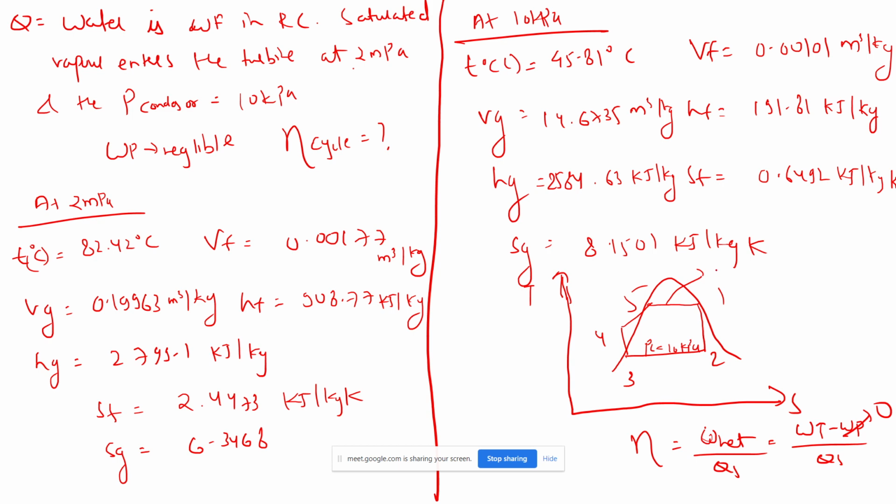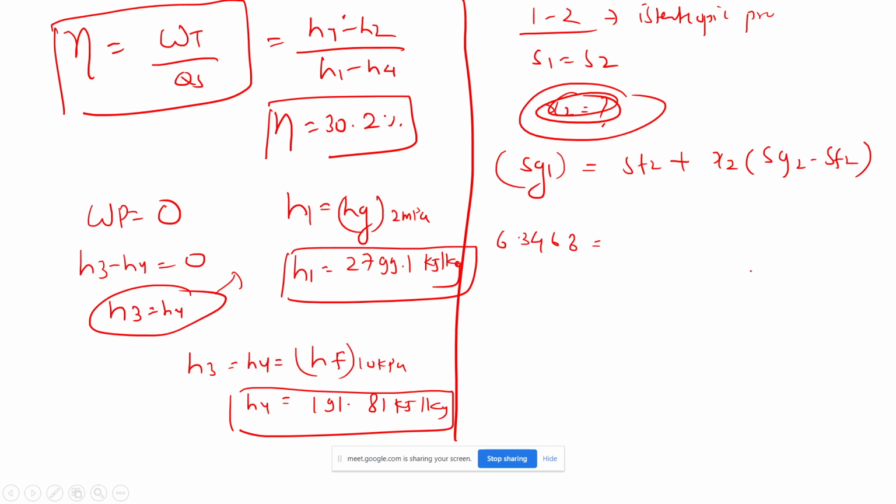What is the value of Sf2? 0.6492 plus X2 into 8.5018 minus 0.6492. From here, X2 will be 0.7596, which is about 0.76.